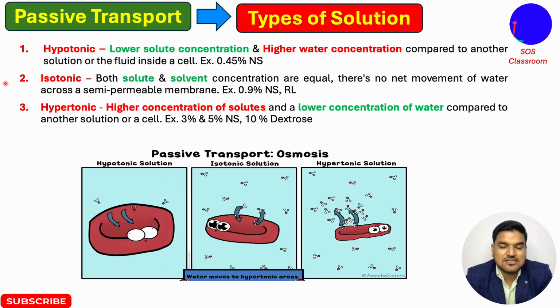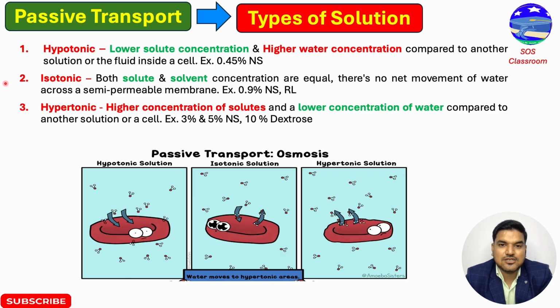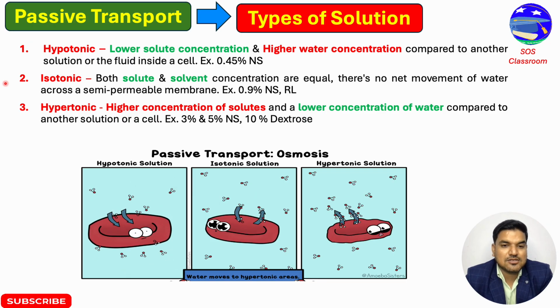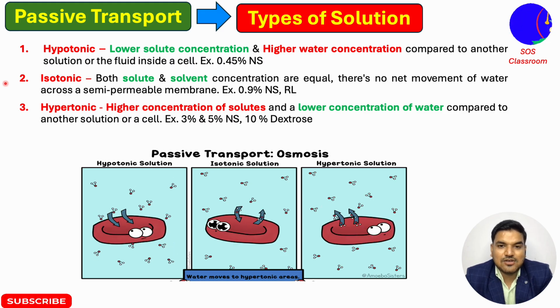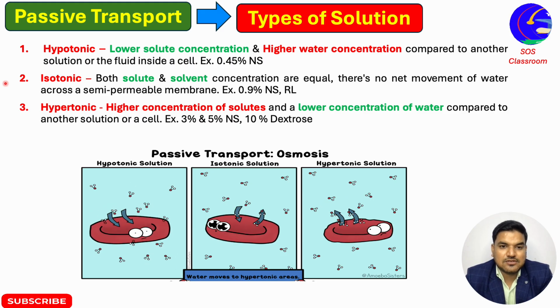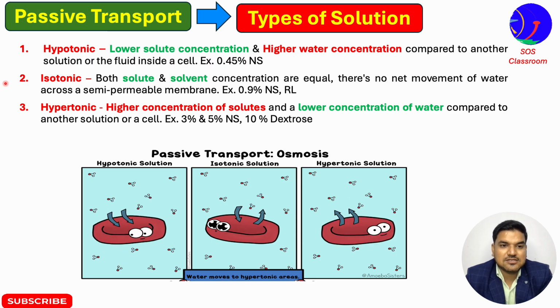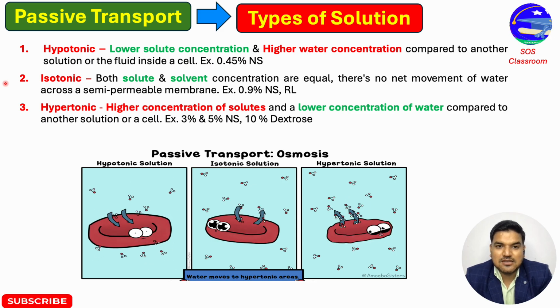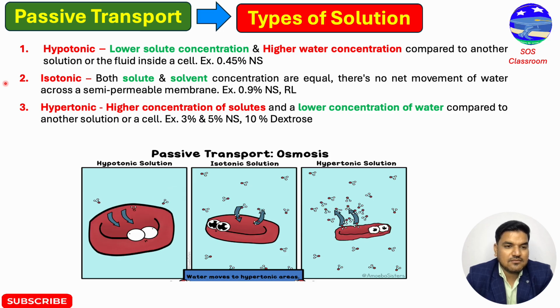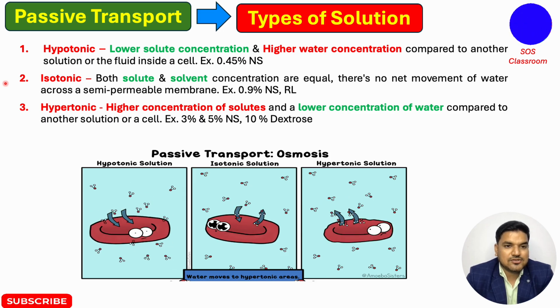Because there is no change in the solvent and solute. There is no higher concentration of the solute and no higher concentration of the solvent. Both are equal. In this condition, there is no transfer of molecules across the cell membrane, inside or outside the cell. That is called the isotonic solution.